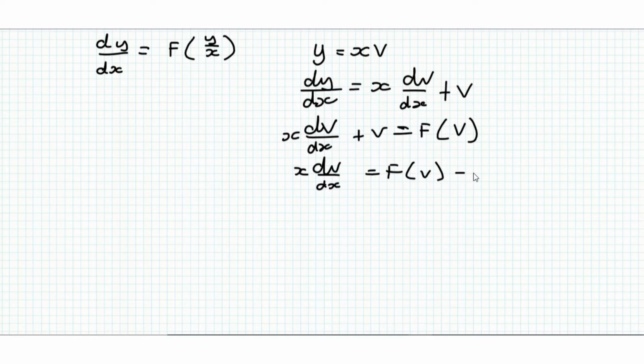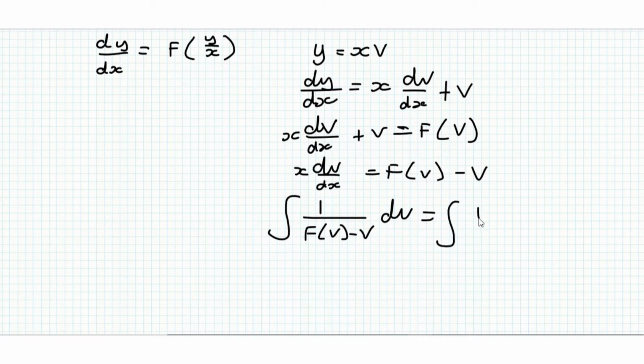And then we integrate 1 over f of v minus v with respect to v, and then we integrate 1 over x with respect to x. So that's the trick. We're now going to look at a specific example and see how this works.